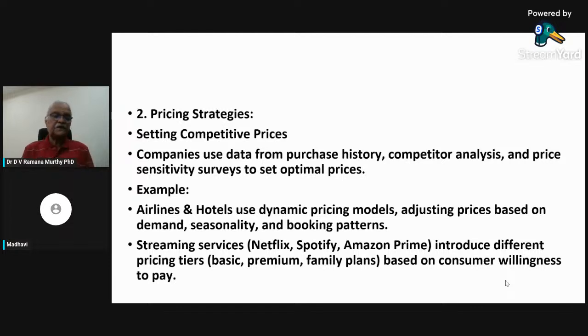Say, for example, airlines and hotels use dynamic pricing models, adjusting prices based on demand, seasonality, and booking patterns. If there is a heavy rush, demand is there, you can fix a little more price. In case of a season, sometimes you have to give some seasonal discounts.